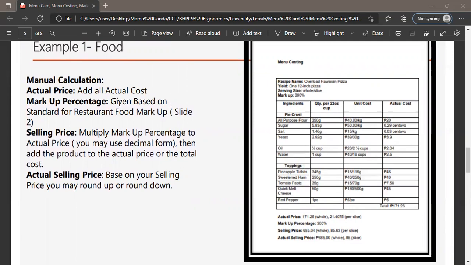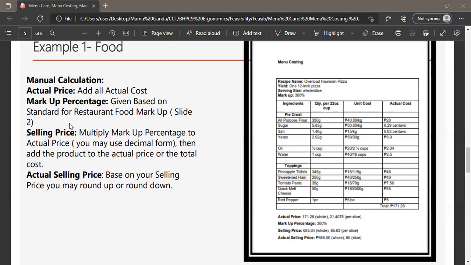Okay, so this is the manual calculation reference, as you will compute for the menu costing. Again, you need to have the sum of all the actual costs. For the markup percentage, we have this on slide number 2. We have the ceiling of 300%.